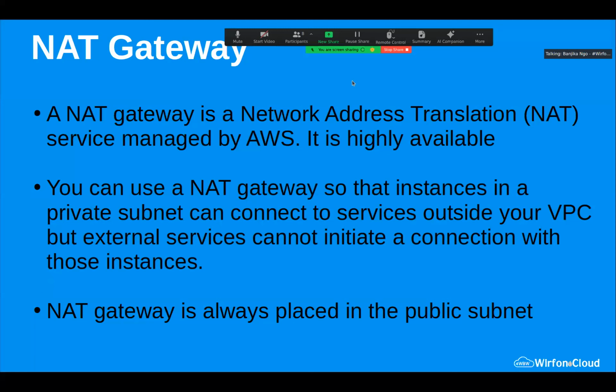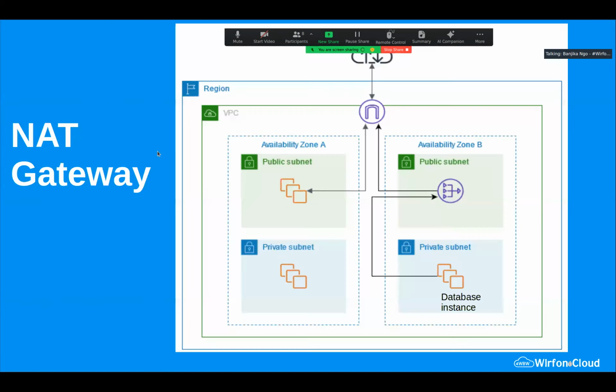So these are things I want you to remember very well about NAT gateways. They help instances in the private subnet to reach the internet, but external services cannot initiate a connection to those instances. And the third one is NAT gateways are placed in the public subnet.